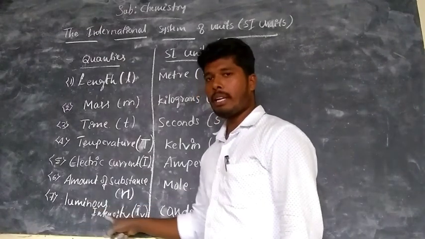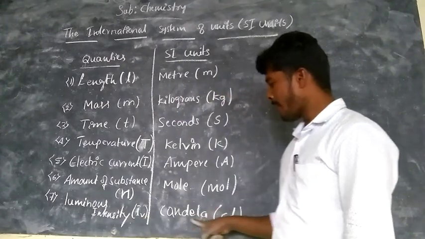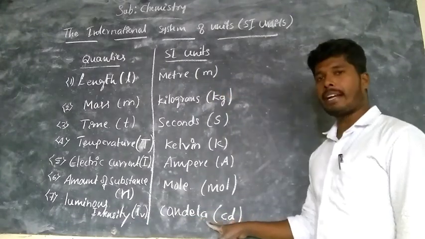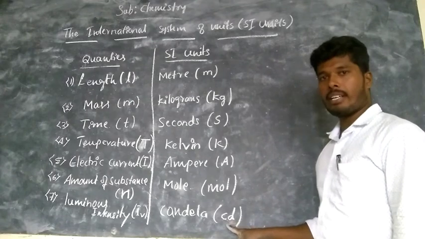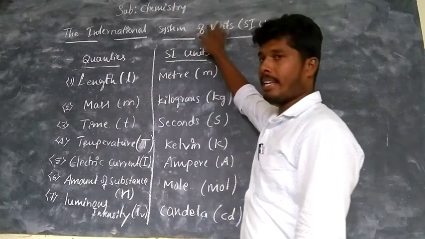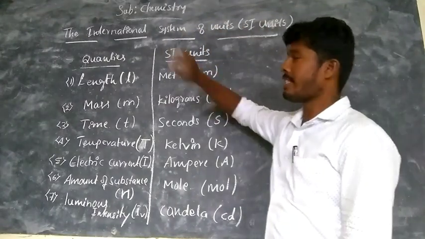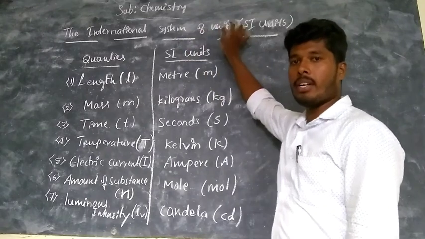The last one, luminous intensity, is capital I with suffix V, and its SI unit is candela, cd. These are the fundamental international system units, called SI units. The International System of Units is called SI units.